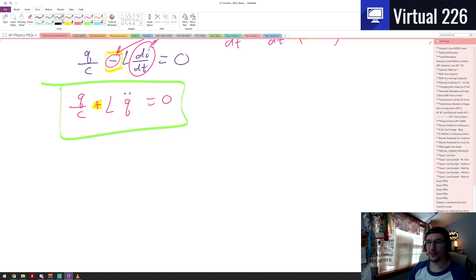Now if we go ahead and solve this Kirchhoff loop, to set it up to look similar to x double dot equals negative omega squared x, how would we do that? Well, let's move the Q over C to the other side.